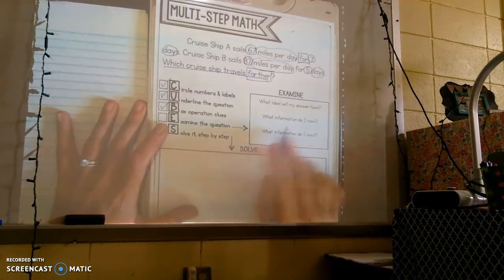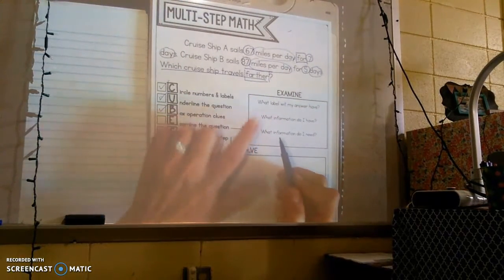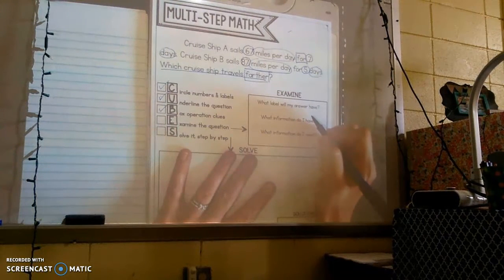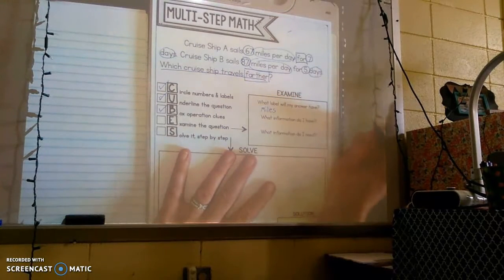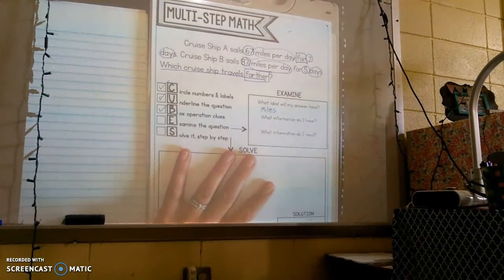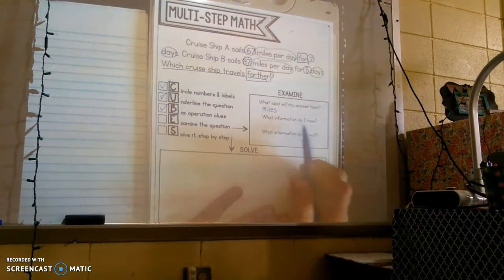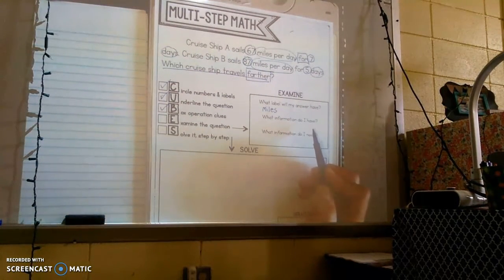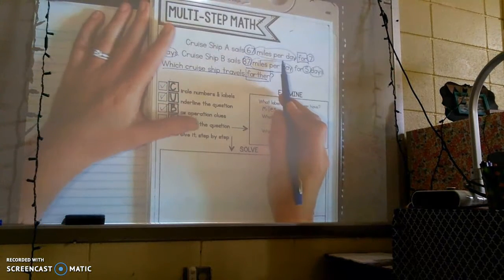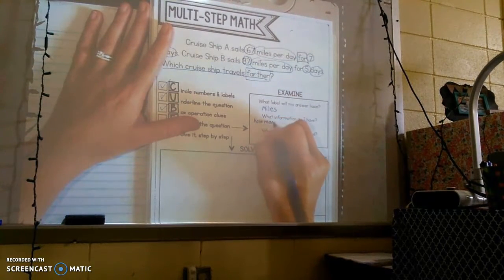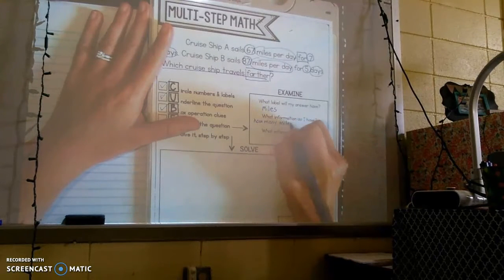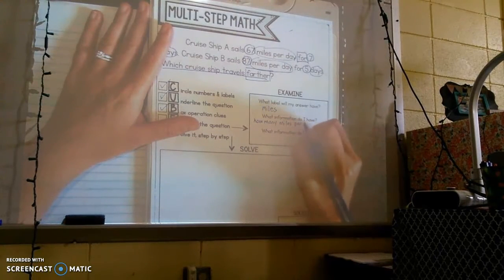Now I'm going to look at my question, and it has an arrow pointing to this box because I'm going to answer these questions. What label will my answer have? My answer is going to have miles as the label. And then what information do I have? Well, it tells me how many miles per day.